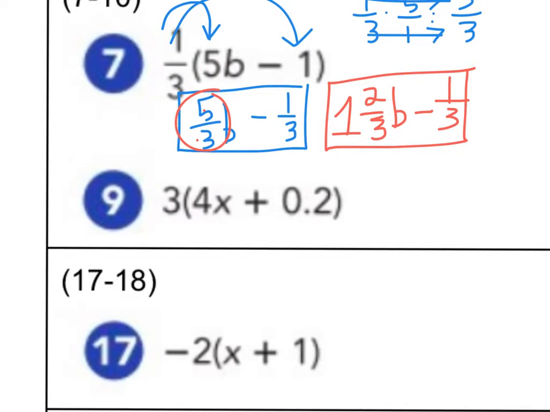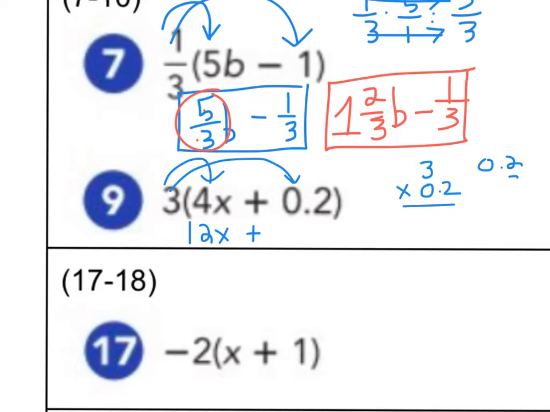I would like you to try these first before you go through my video so you can see if you're doing them correctly. 3 times 4, 12x, plus, oh, this is a decimal, 3 times 0.2. So now I'm going to have to do some math. When you solve multiplication, it's easier to put the number with 2 digits on top.